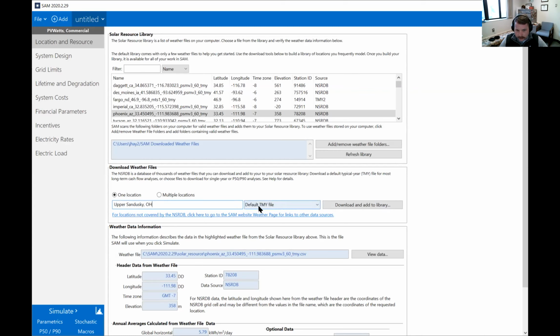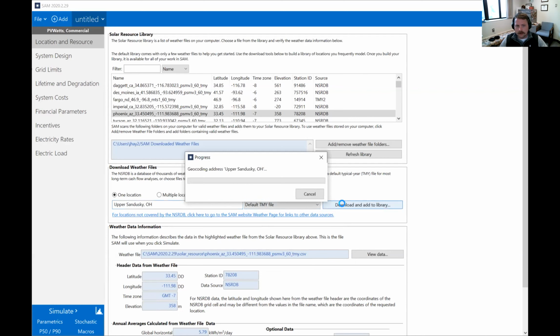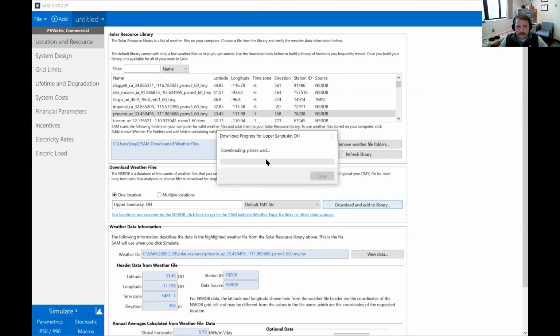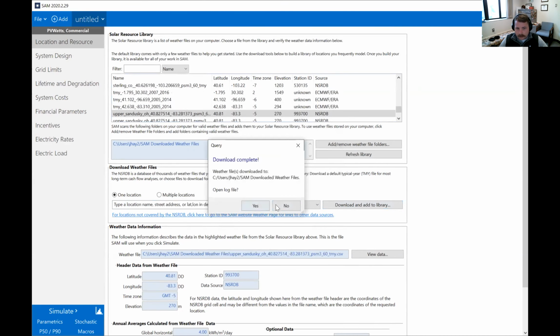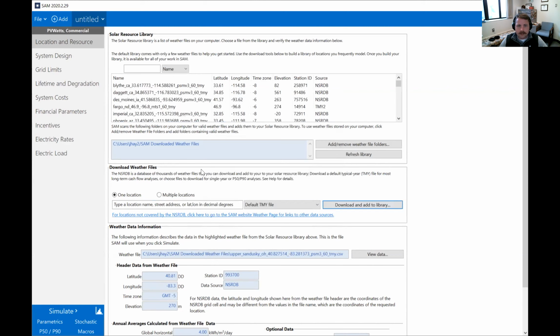And we're downloading the default TMY file, which Eric suggested was the typical meteorological year file. We're going to download it to the library. It's going to go look for it. It found it and downloaded it. And it's going to ask me if I want to actually look at it. I don't, because it's just a bunch of data.